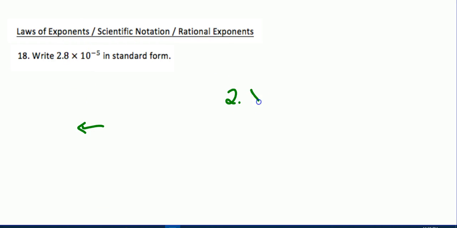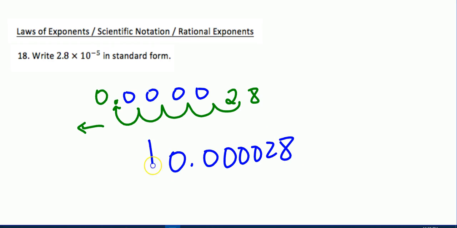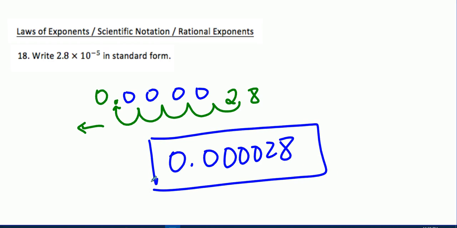The 2.8 is going to go back 1, 2, 3, 4, 5. So that's the new decimal place. I'm just going to put zeros everywhere that I don't have one. So 0, 0, 0, 0. So my final answer, 0.000028.